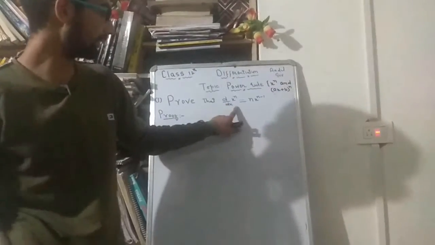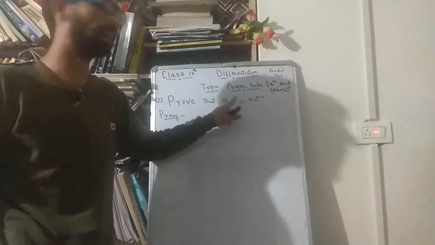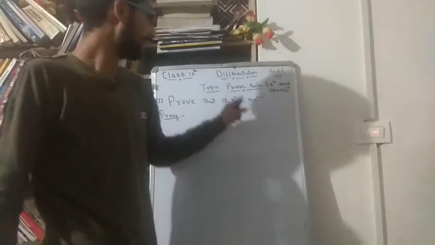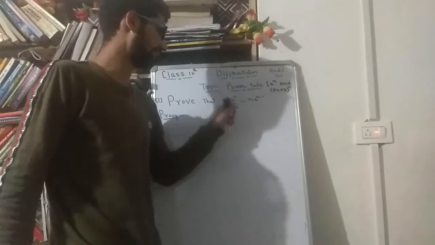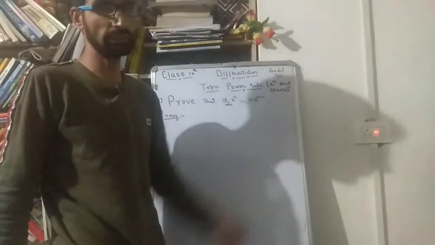if we have a function of the form x power n, then the derivative of that function with respect to x is equal to n x^(n-1).